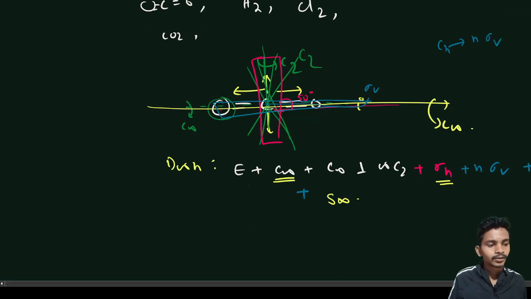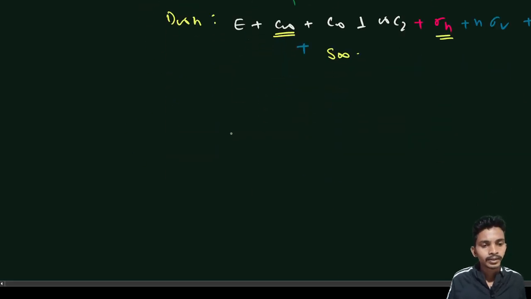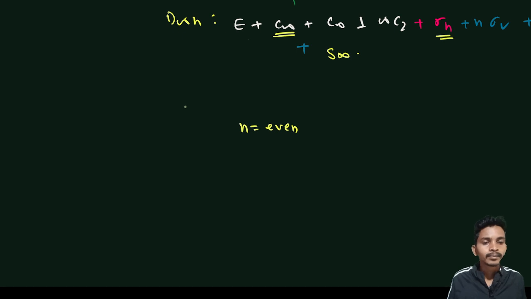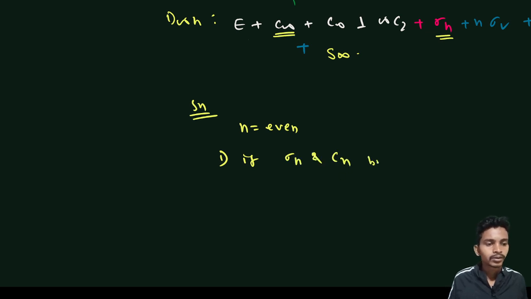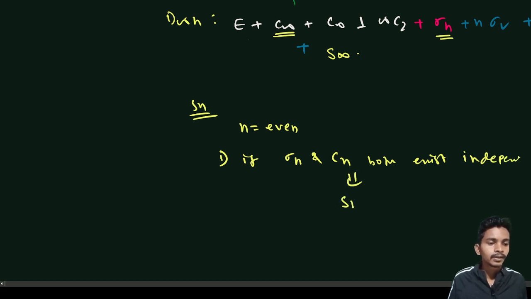So what I have discussed for S: for n equal to even, for Sn, if sigma h and Cn both exist independently, meaning both are present independently, then Sn must be present.